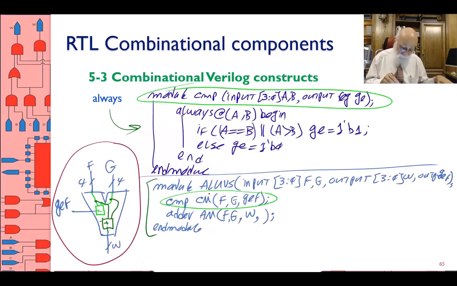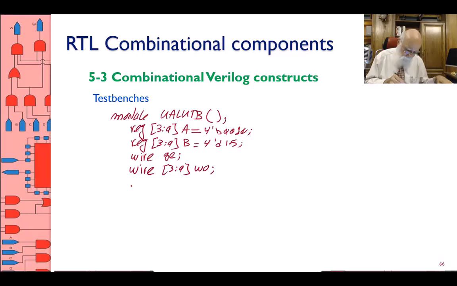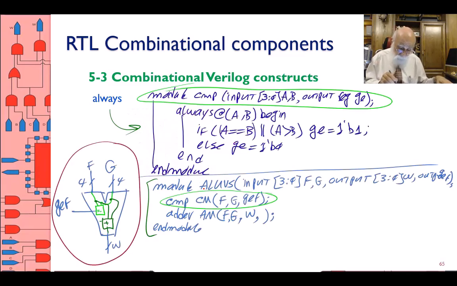The component name is ALUVS, module under test. This is mandatory because this is my own module. If it were a primitive, it wasn't mandatory. It would be optional. See, here F, G come first and then W and then the last one.